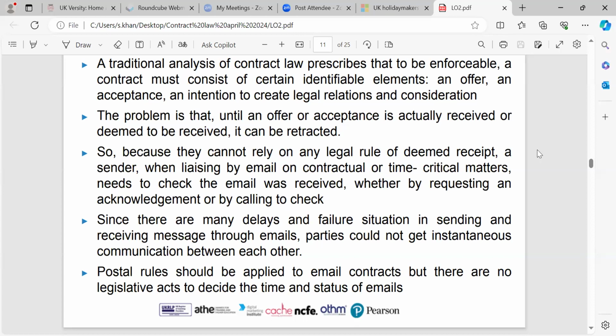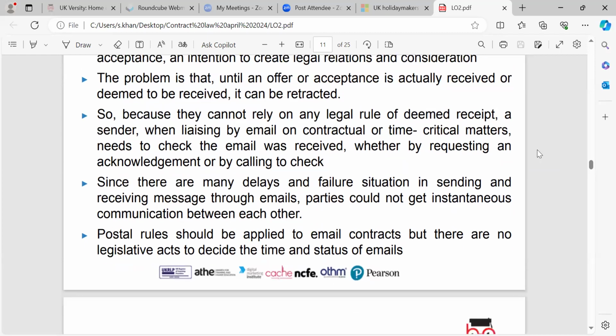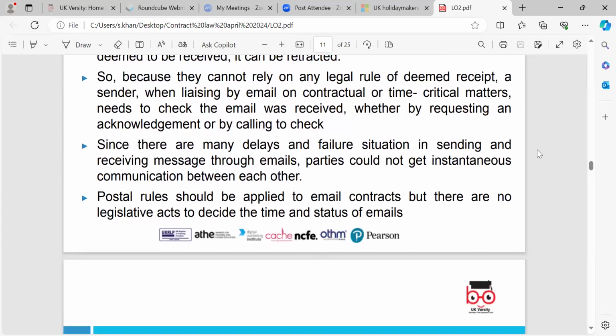So because they cannot rely on any legal rule of deemed receipt, a sender, when liaising by email on contractual or time-critical matters, needs to check the email was received, whether by requesting an acknowledgement or by calling to check.